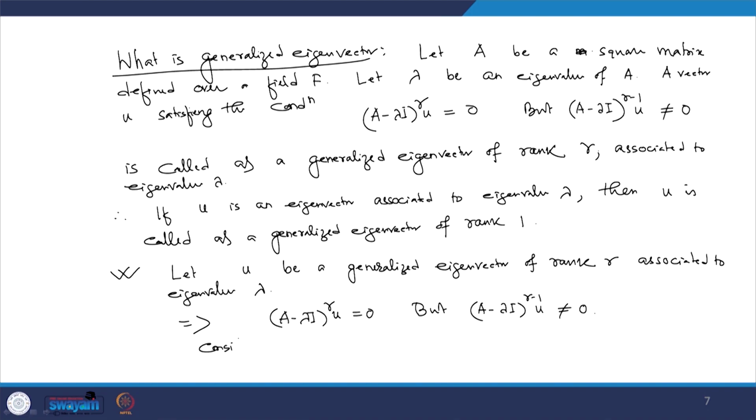Consider V_R equal to U, which is equal to (A minus lambda I) to the power 0 operating on U. Then define V_(R-1), which is equal to (A minus lambda I) operating on U, and V_(R-2) I define as (A minus lambda I) squared operating on U, and so on.